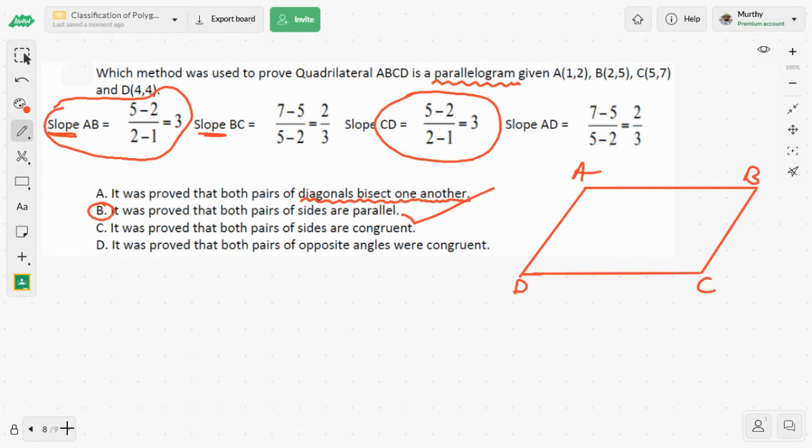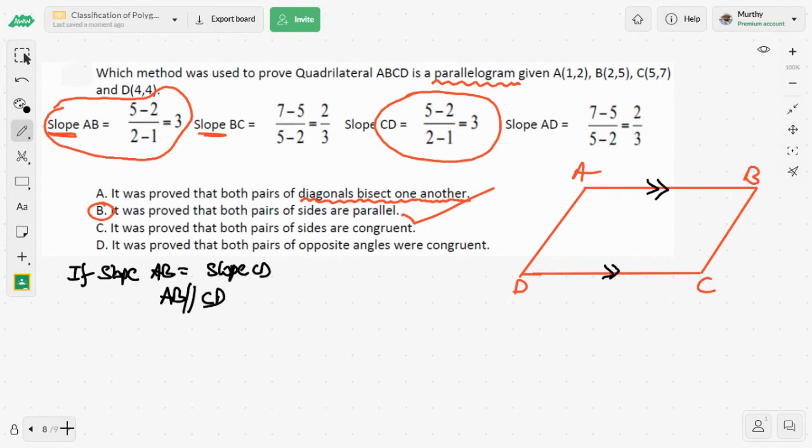You see that slope AB equals slope CD. Therefore, AB must be parallel to CD. Please do remember, if the slopes are equal, then the lines are parallel.